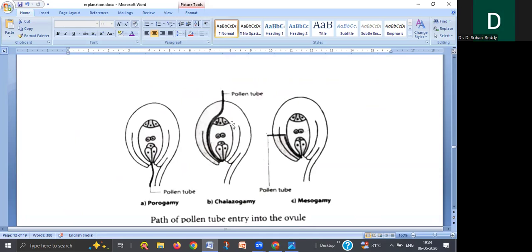And here you see this is the ovule and opposite to the micropyle there is a chalaza. So the pollen tube enters through the chalaza. It is called chalazogamy. And next here you see this is the answer for this question. The pollen tube enters into the embryo sac through the integuments from the middle. It is called mesogamy. So the answer is mesogamy.